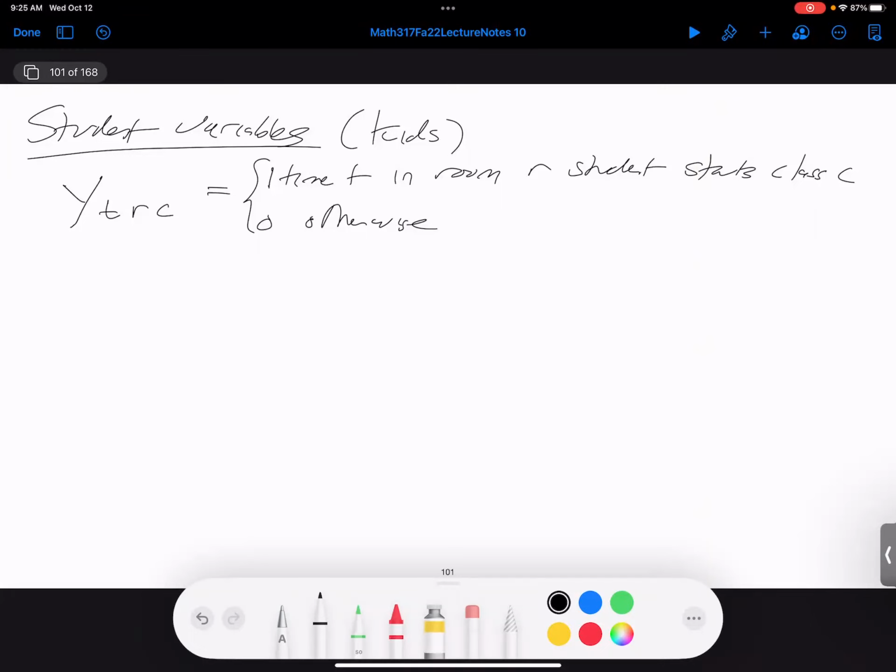So now can you give me some constraints? It cannot be in 2 classes at the same time. So how would you do that?